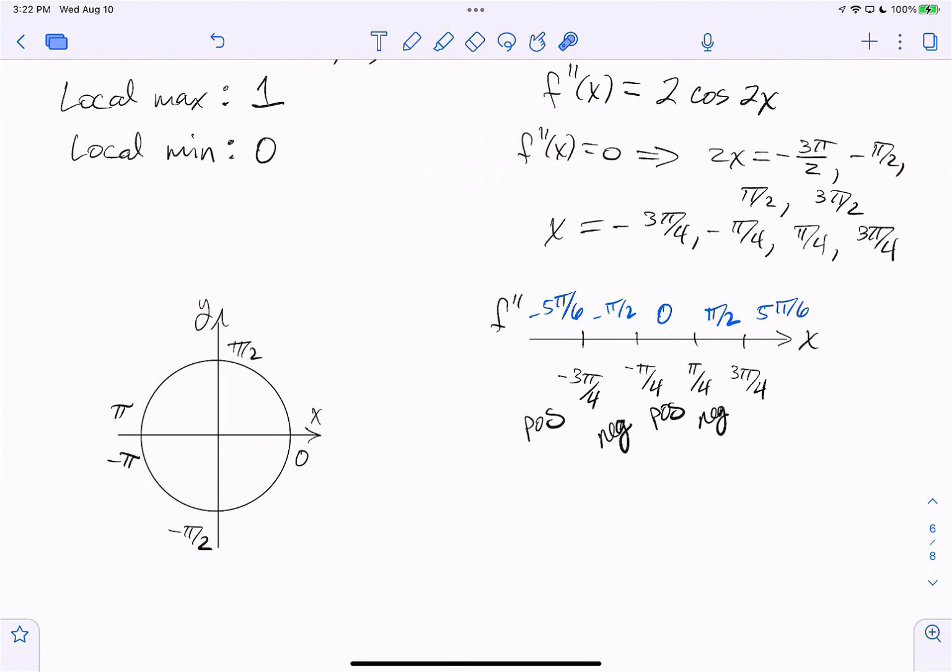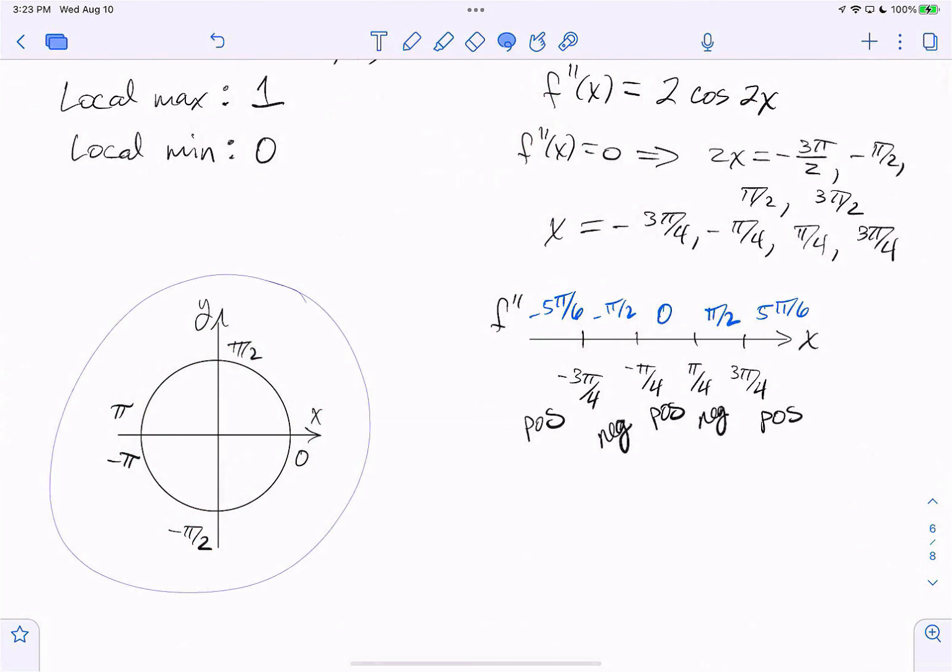And then if it was rough here with negative 5 pi over 6, let's see if this helps at all. 5 pi over 6 is over here in the second quadrant. If I double that, I get 5 pi over 3, which lands me in the fourth quadrant, and the cosine is positive in the fourth quadrant.